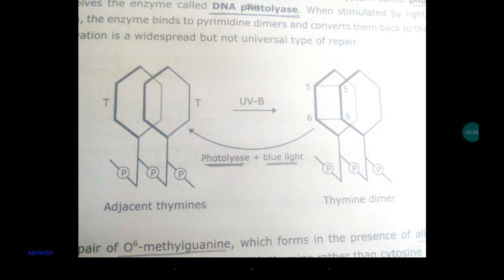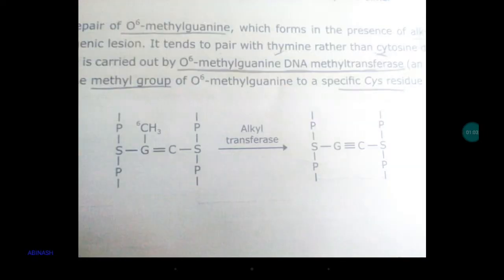Another example is the alkyl transferase enzyme, which acts on guanine methylated at the 6th position. The enzyme used here is O6 methyl guanine DNA transferase. This enzyme removes that methyl group to restore normal GC bonding.